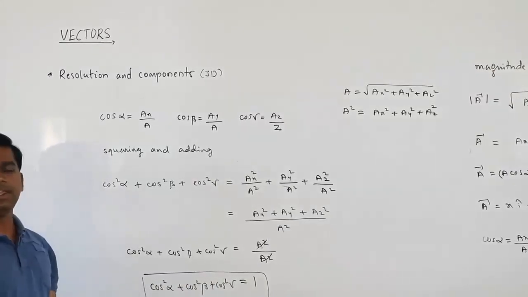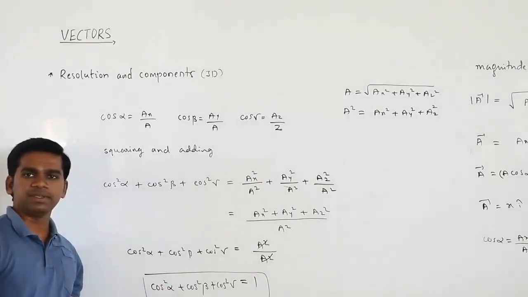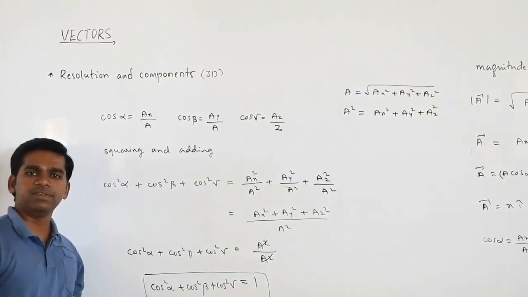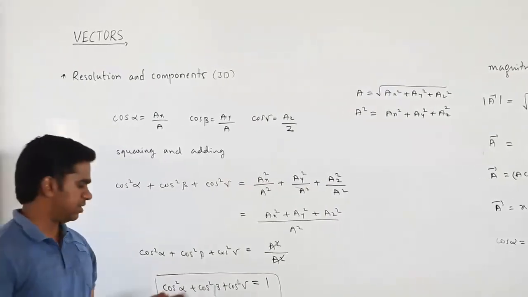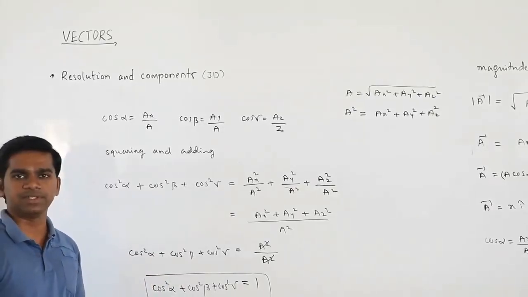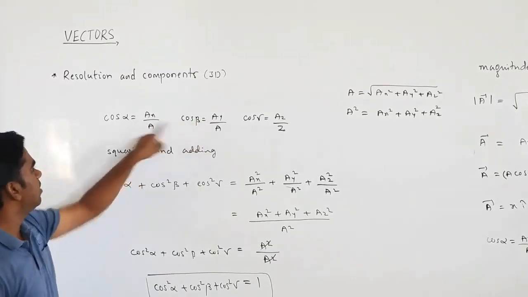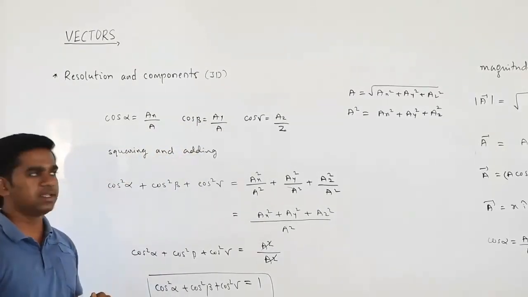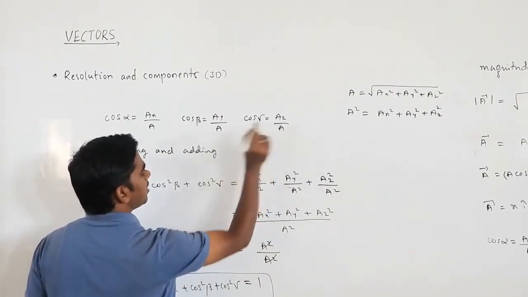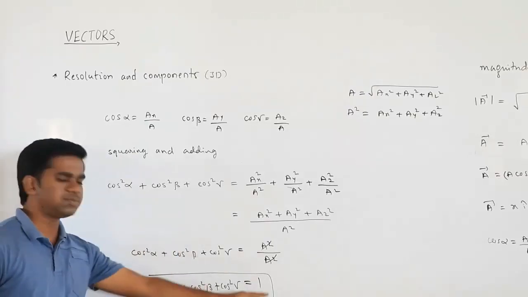Why is it important? If they give only alpha and beta, you can calculate gamma from here. If they give only beta and gamma, you can calculate alpha from here. If any one angle is not given, then you can find the third angle. You can write the vector form, or you can write the components, because to find the components Ax, Ay, Az, alpha, beta, gamma is required. So for that, this relation is very important.